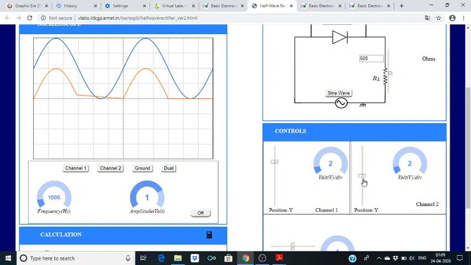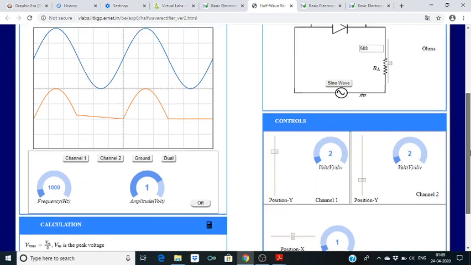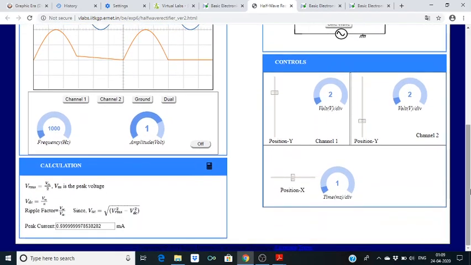So we can move this output voltage here, and this volts per division you can use, as on the oscilloscope, to zoom or unzoom the waveforms. Now here below you can see the calculation.